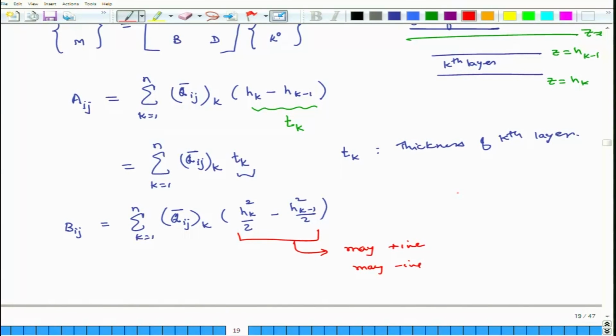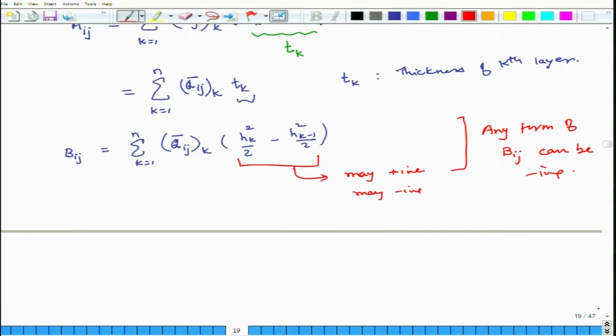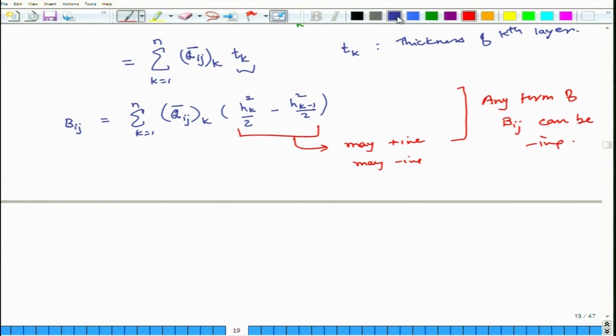What that means is that any term of Bij can be negative, because consider B11: it will depend on Q11, Q11 is always positive, but if the terms in the parenthesis are negative, then it can be negative.